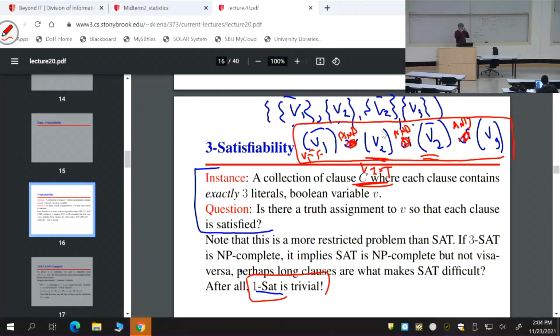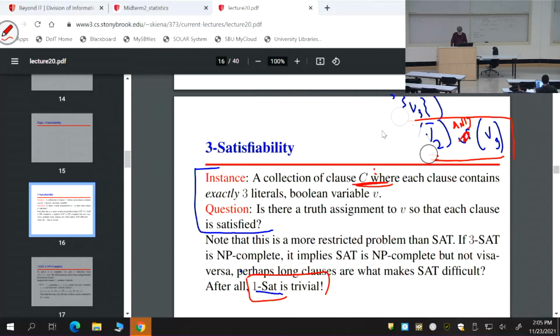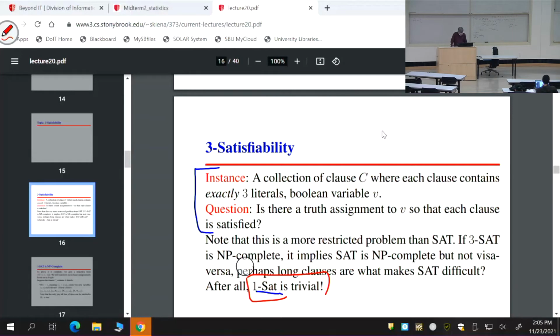Maybe satisfiability is easy for slightly larger clauses. Maybe clauses of size 3 are small enough that deciding whether or not there was a way to satisfy it was simple.